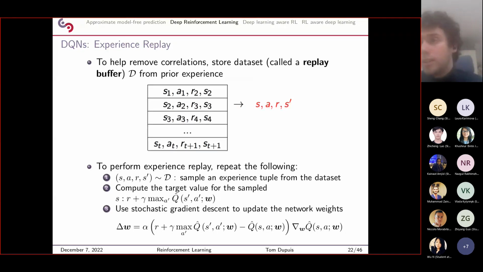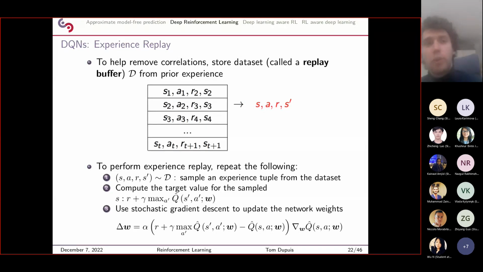You don't want your samples to be correlated. So what do you do? Every time you collect some experience in the environment, you put it in a big table, a big memory, and you store it. Until the memory is full, and then you start emptying it like FIFO, first in first out, for example.